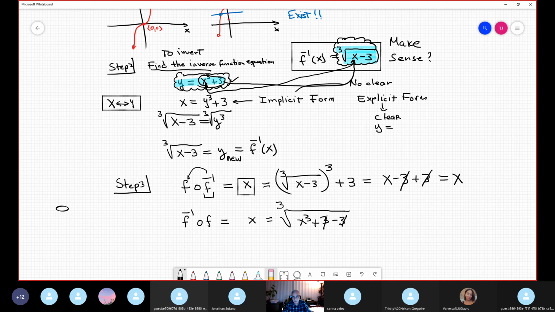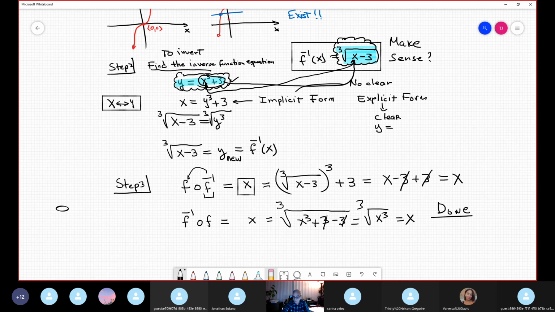Oh, look at that, this cancels, and we have the cubic root of x cubed. Again it is x. Done. We proved it by mathematical double checking. This function and this function are inverses for sure, 100%. Okay, that's it.